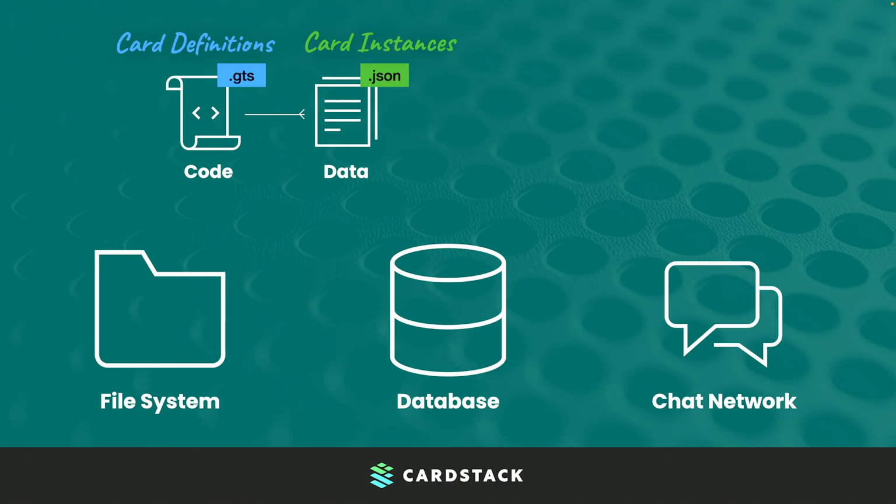Now, we're getting ahead of ourselves. From a coding assistant point of view, this code and data are just saved in the file system as part of the stack. There are GTS files, which are just files, and then there's a bunch of JSON files corresponding to each of the instances you've created. If you have 5 vendors, then there are 5 JSON files.